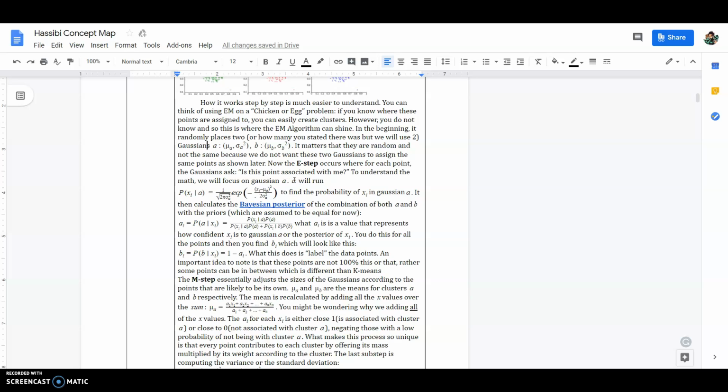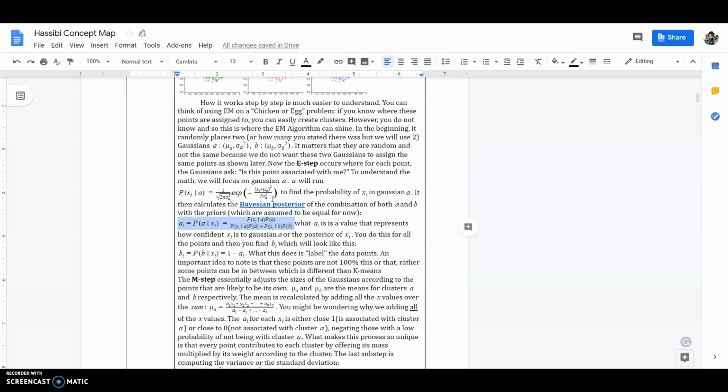So basically, we will run the probability density function for each of these x of i points, which are just the points on the graph, in Gaussian A. Then it calculates the Bayesian posterior of the combination of both A and B, which are the priors, which are assumed to be equal for now.